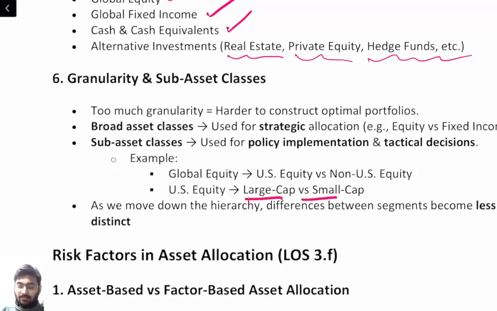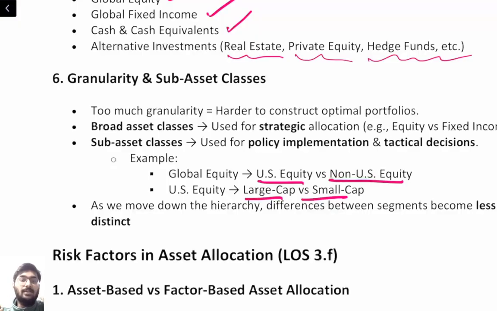Now you can say, sir, I want to make more subsets, like US equity, where we have large cap and small cap, or global equity, where we have US equity versus non-US equity. If there is too much granularity, it will be very hard to construct an optimum portfolio. What is granularity? The level of subdivision: how many tiers you create, like equity, global equity, US equity, or large cap equity.